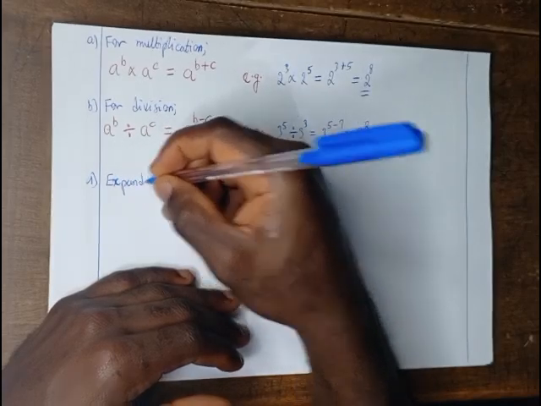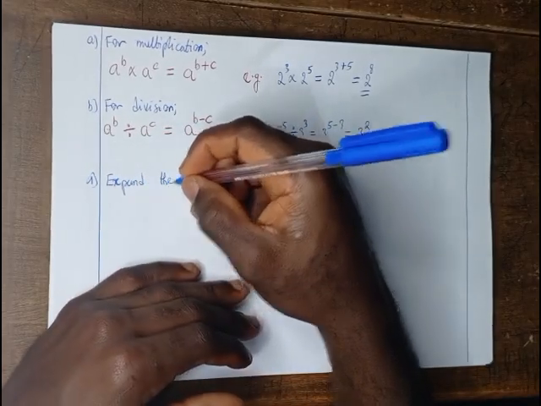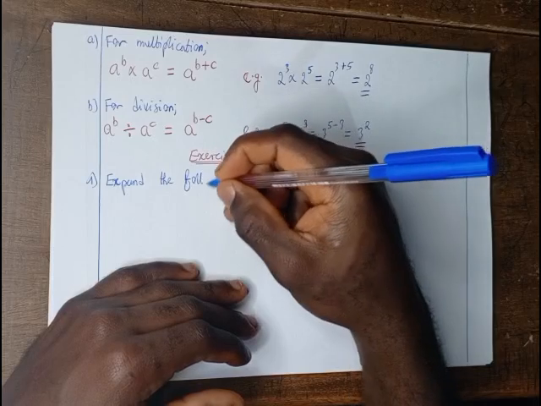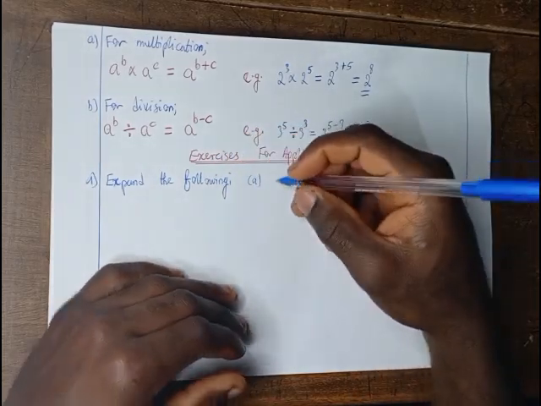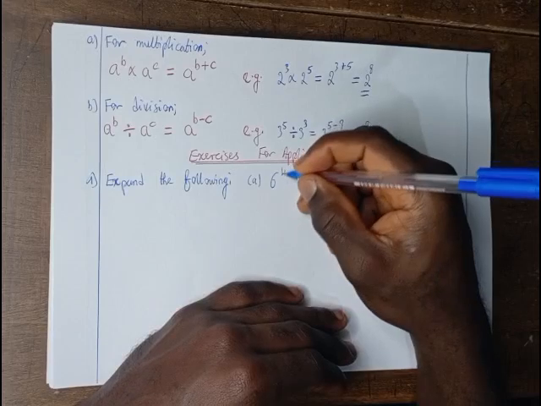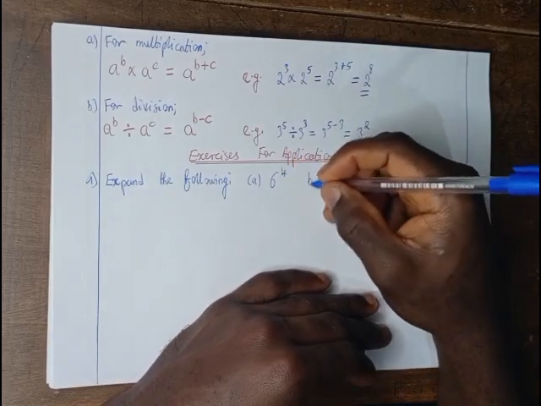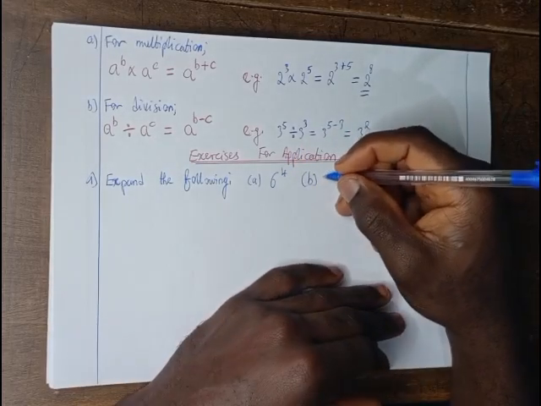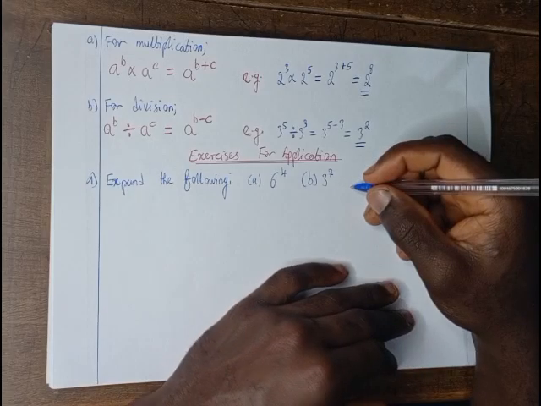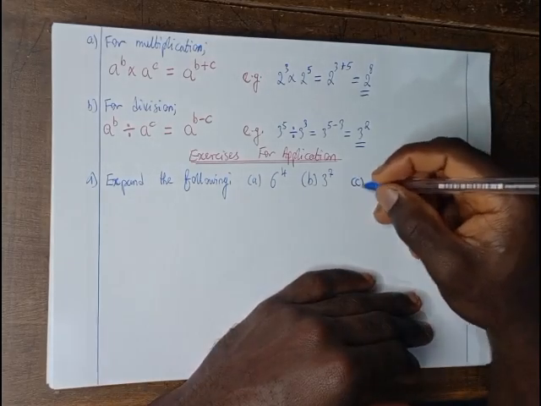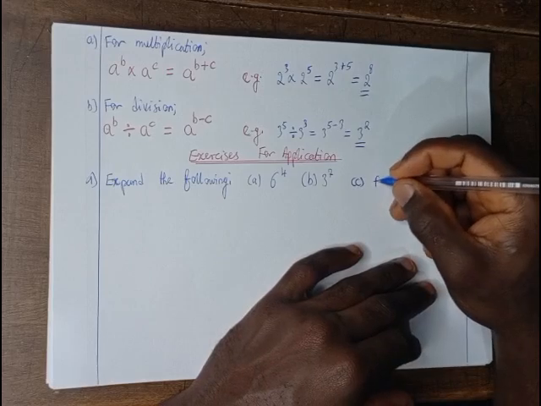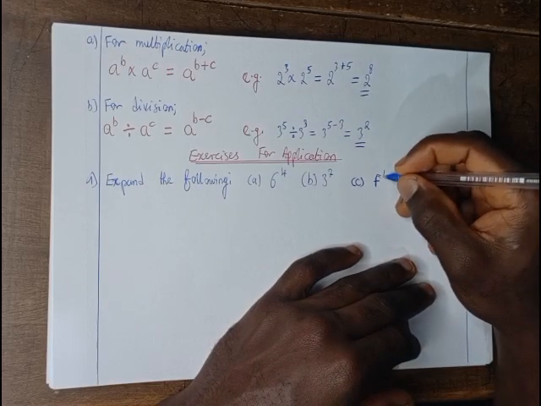It says expand the following. For A, we have the number 6 raised to the power 4. B, we have the number 3 raised to the power 7. And for C, f raised to the power 4.